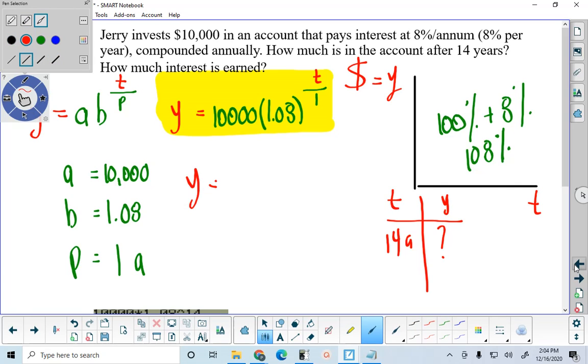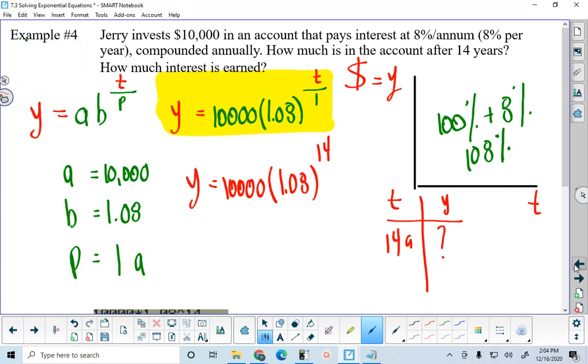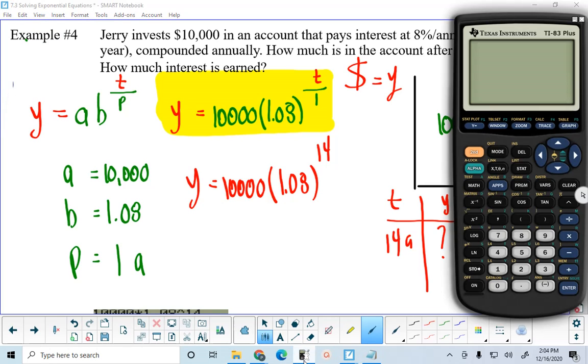The amount of money will be 10,000 times 1.08 to the 14. So we can run that through your calculator, and by the way, I hope you know, it doesn't mean we're going to multiply 10,000 by 1.08 and then raise it to the 14.